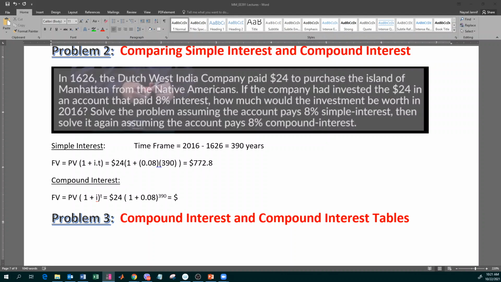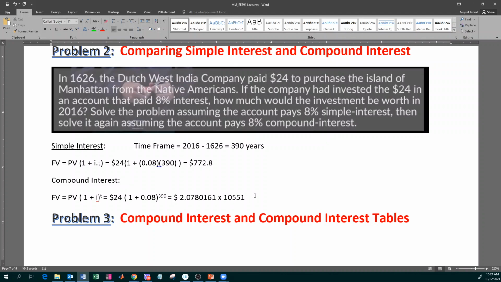So this is the answer I'm getting. It's a very long answer. Not even $1 trillion. Check this out.